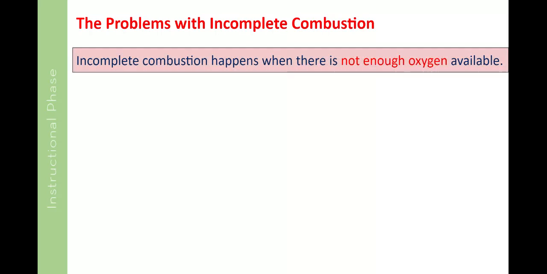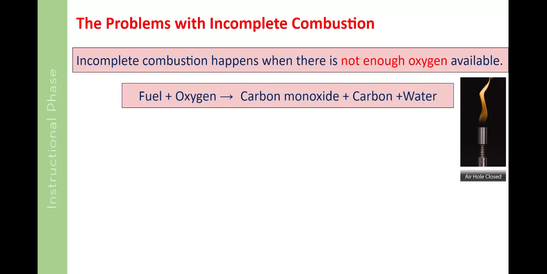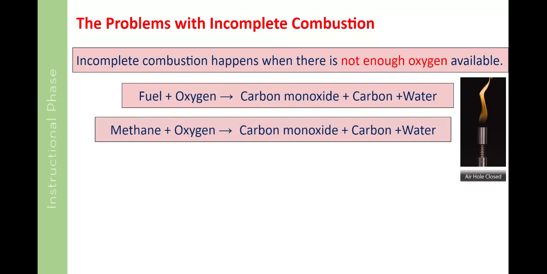Okay, so now we're going to look at the problems with incomplete combustion. So the problems with incomplete combustion, where we need to know the products first, what's produced. So we know that incomplete combustion happens when there's not enough oxygen. We can show this with a word equation, and we know the products are carbon monoxide, carbon, and water.